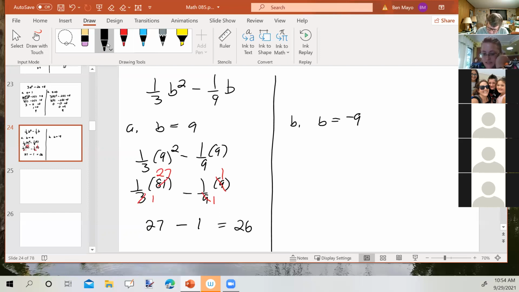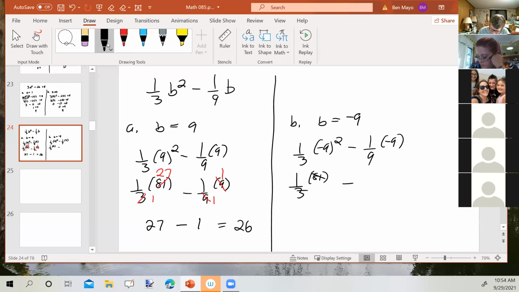If b is -9, we get 1/3 times -9 squared minus 1/9 times -9. Exponents first, -9 times -9 is still a +81.